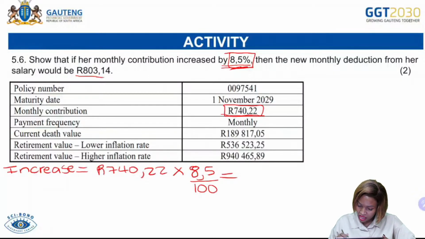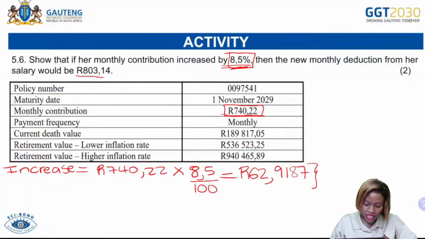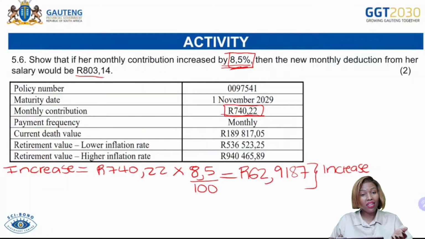And I am getting 62 Rand 9187. What is this? This is the increase. Did we answer the question? No, they did not just want the increase, they want the new monthly deduction.